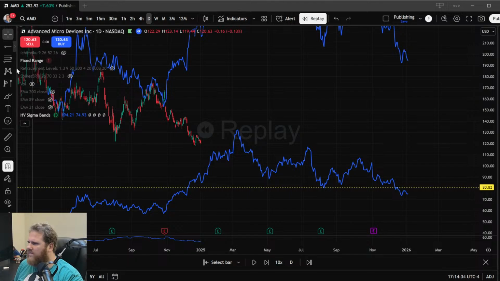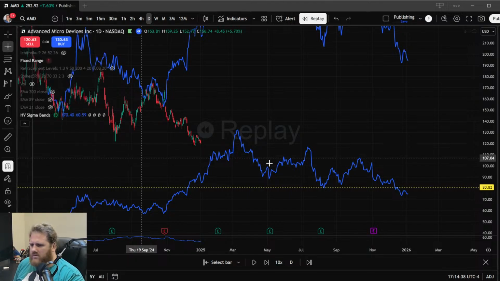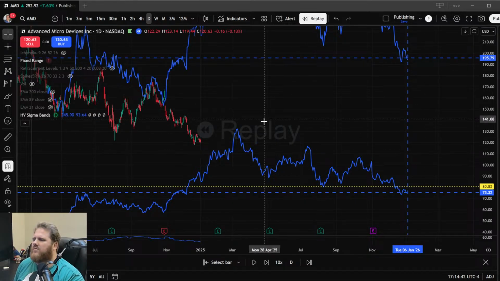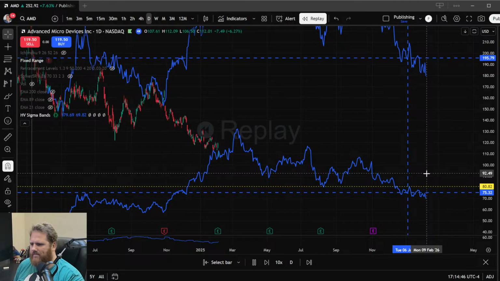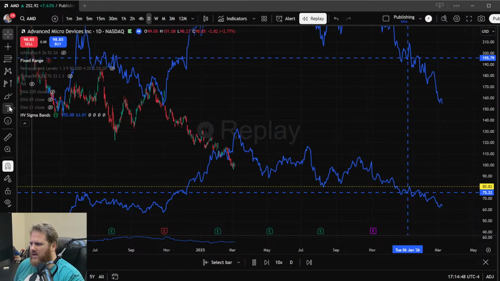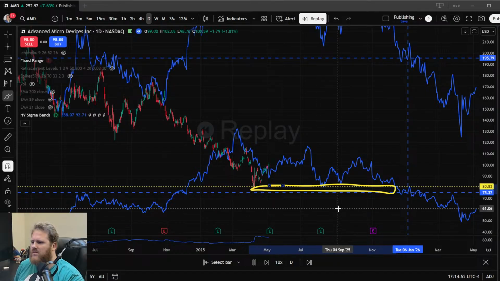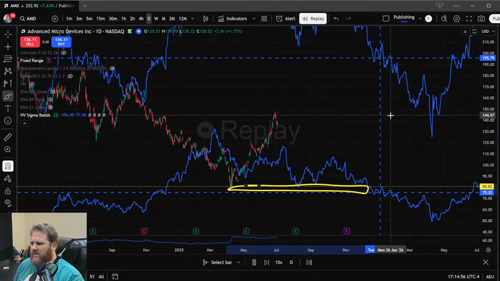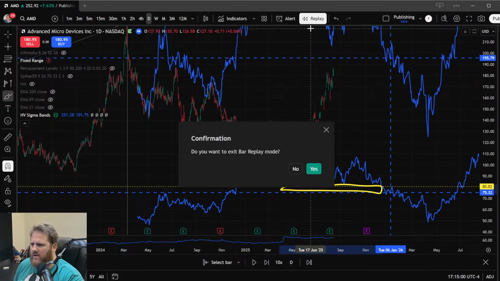Yeah, so within that range, that's what we were going for. And of course, that ended up being our level there for AMD. Now the top end of it, let's go back and use this as an example.